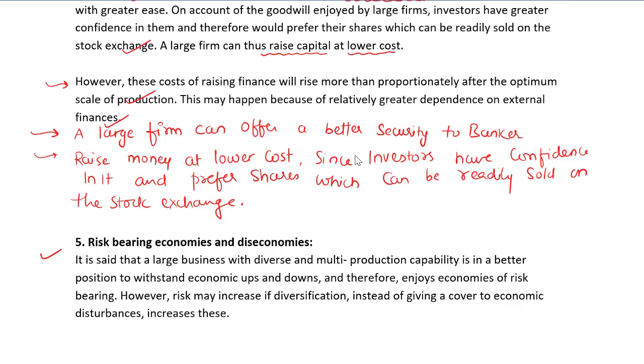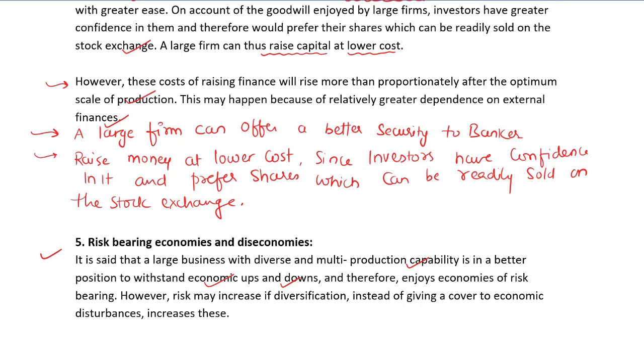Let's see the next point, that is risk bearing economies and risk bearing diseconomies. It is said that a large business with diverse multi production capability is in a better position to withstand economic ups and downs in the market, and therefore we can say that it enjoys economies of risk bearing.